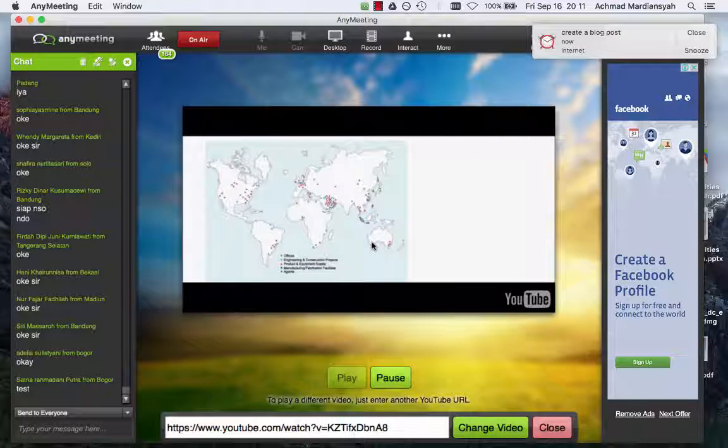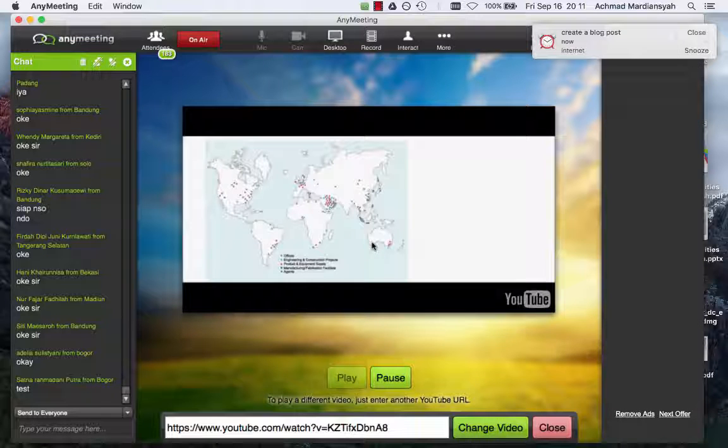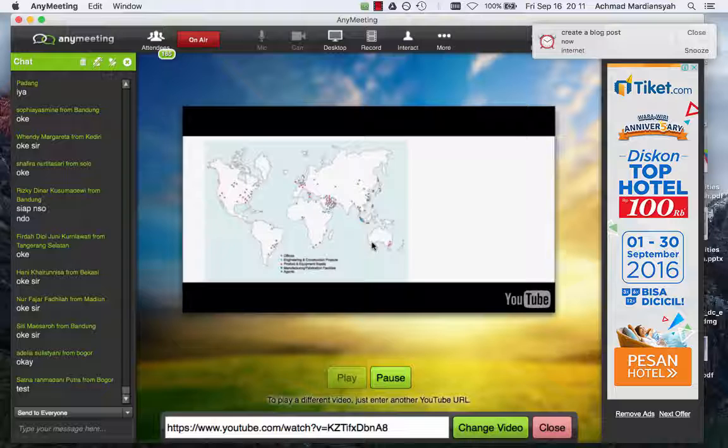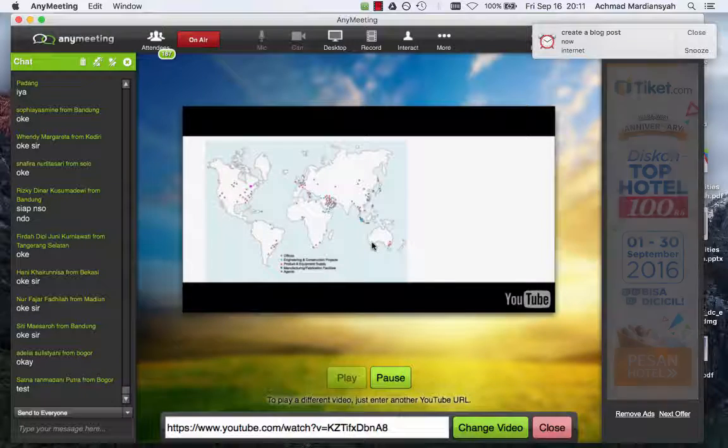This picture shows the global presence of a company, Larsen & Toubro Limited, which is based out of India. As you can see, they have different types of facilities like offices, engineering and construction projects, product and equipment supply, manufacturing or fabrication facilities, and agents.